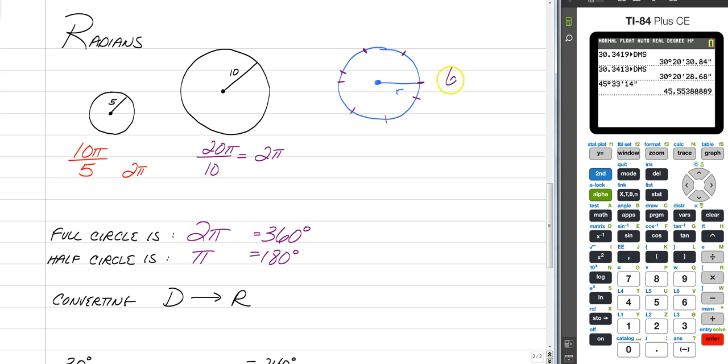So it's going to take 6.28 and so on, also known as 2 pi radii, to get around a circle of any given size. And that's where radians comes from.